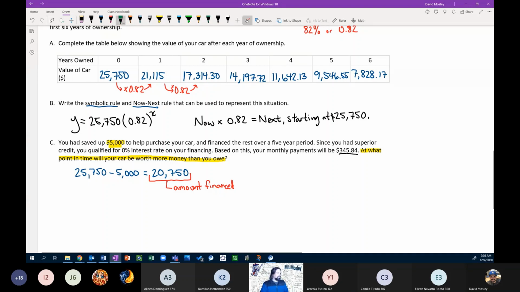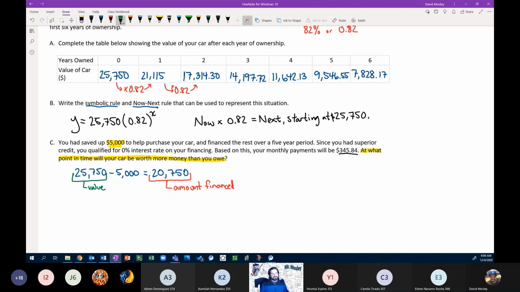This other note, the 25,000, is the value. That is our start value of the car. This is how much we finance. Now, typically, as soon as you drive a car off the lot, it loses between 20 and 30% of its value, right?